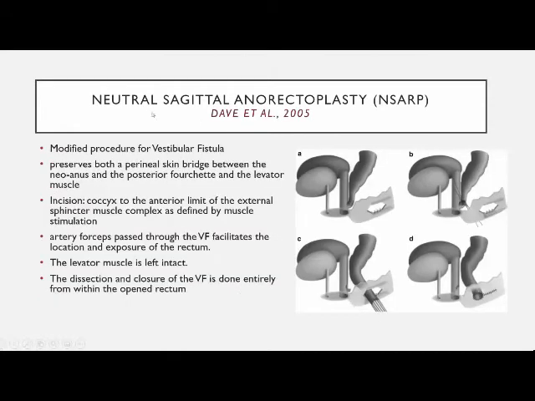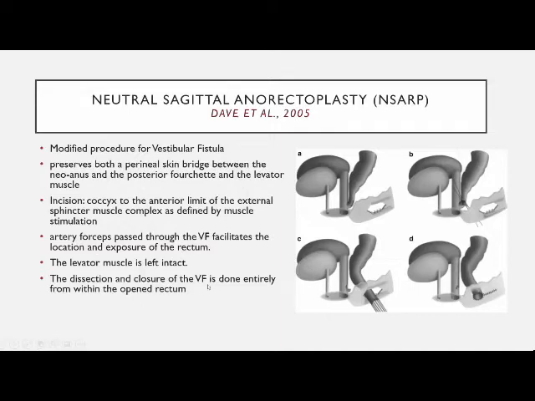The neutral sagittal anorectoplasty was described in 2005. It's a modified procedure especially for vestibular fistula. It preserves a bridge of perineal skin between the neoanus and the posterior fourchette, and the levator ani muscle is also preserved. So the incision is from the coccyx to the anterior limit of the sphincter muscle complex, and an artery forceps is passed through the vestibular fistula to facilitate its location and exposure of the rectum.